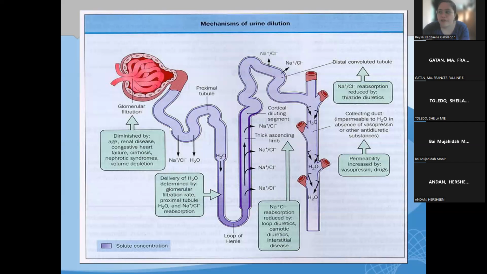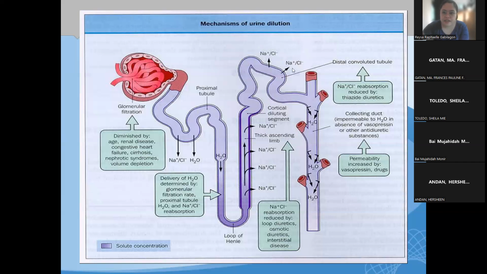However, nowadays, CAIs or carbonic anhydrase inhibitors are mostly used for glaucoma and for mountain sickness, since they have a limited or self-limiting diuretic activity. Okay? Compared to the loop diuretics.